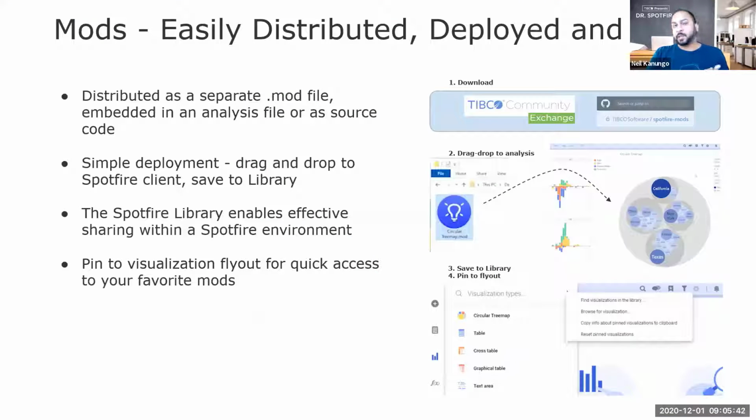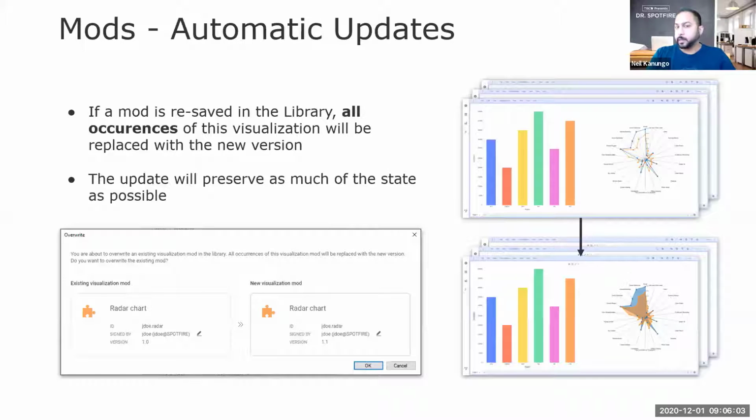Again, mods are easily distributed and deployed. A mod is built into a mod file. You can put it into your library, or just drag and drop it into Spotfire, and then you can pin it to your visualization flyout. Then it can be easily accessed just like any other native visualization in Spotfire. It's also automatically updated.